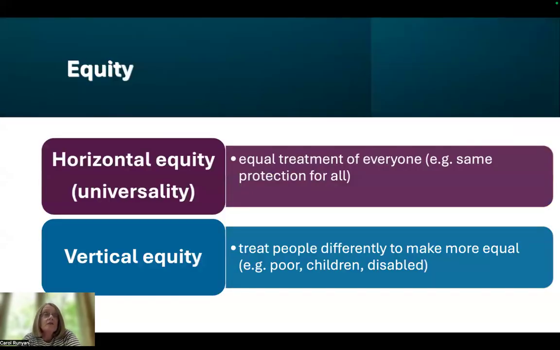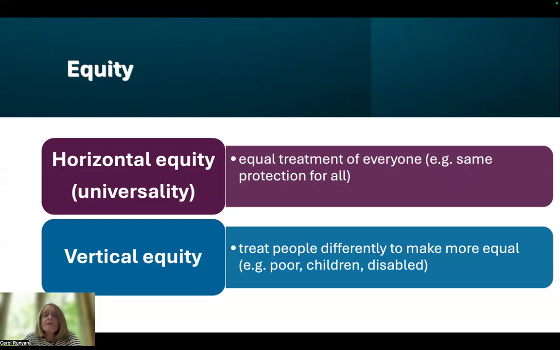Equity is another issue that is very important to consider in our public health intervention development. And there are two types of equity that I like to talk about. Horizontal equity, you may know as universality, and vertical equity.